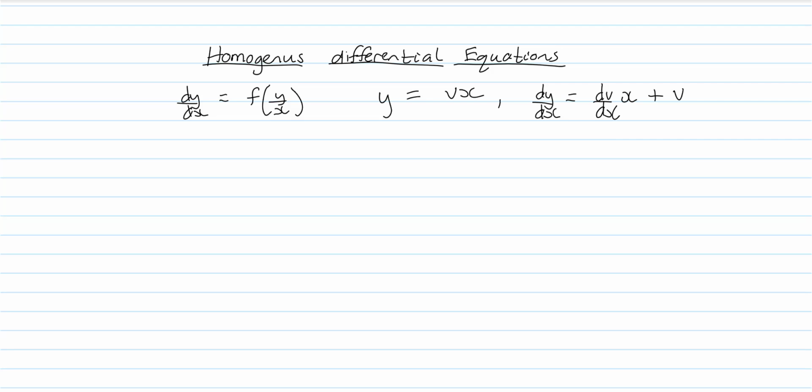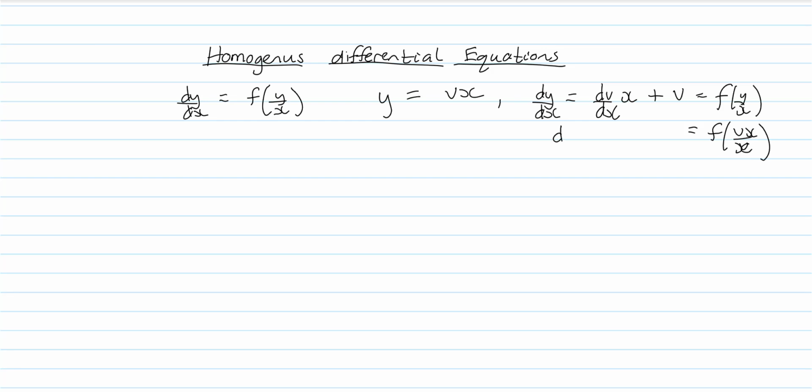we can write dy by dx, as we said, as f, a function of y over x. And if we just substitute in y equals vx, then instead of writing f as a function of y over x, we will write it as f of vx over x.